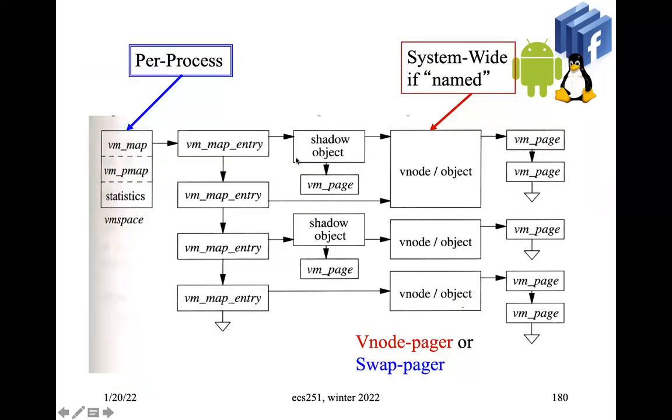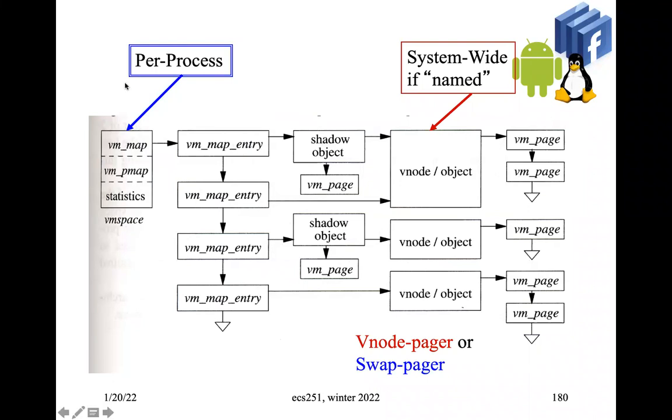That's the first vnode. Usually I cover this when I talk about virtual memory, the memory management part of the operating system kernel, but I want to introduce it because the vnode is so critical to the whole idea.